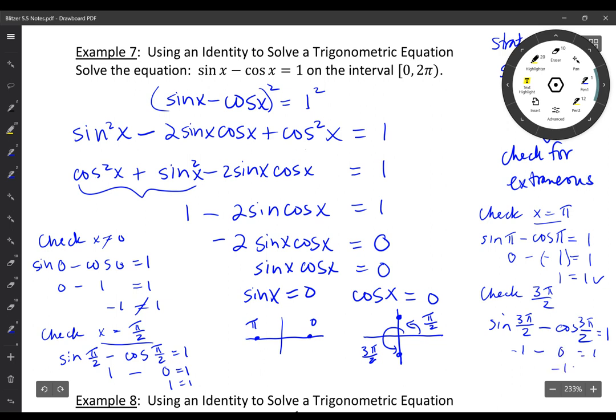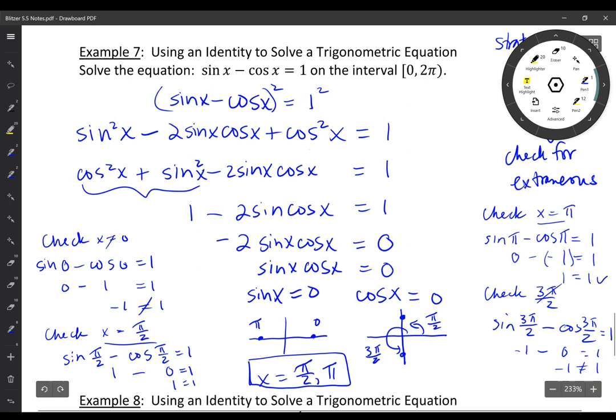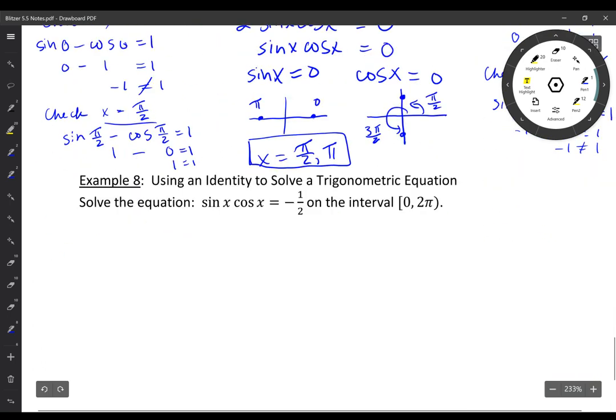And negative 1 does not equal 1, so this one's not going to be an answer. So now I have x equals pi over 2 and pi. Because I squared both sides, we introduced extra solutions, so we needed to check for extraneous. So be really careful on that.